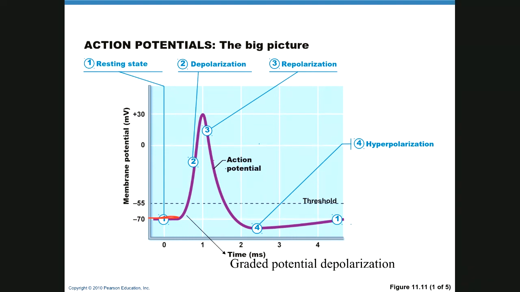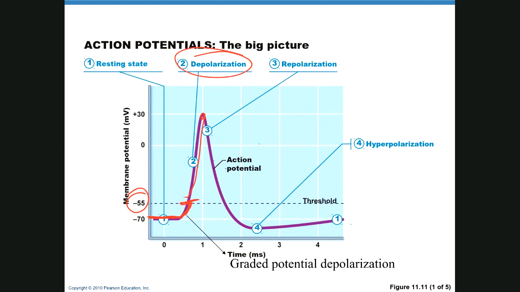So the cell is at rest, or the area is at rest, when a stimulus has arrived that brings in positive charges. And so the area becomes more and more positive until it hits the magic number, threshold, minus 55 millivolts. At that value, voltage-gated sodium channels open, and there is a tremendous influx of sodium, which causes the cell to become very positive very quickly. This is called depolarization.